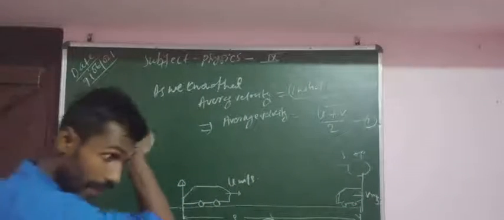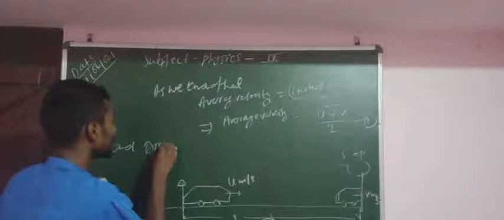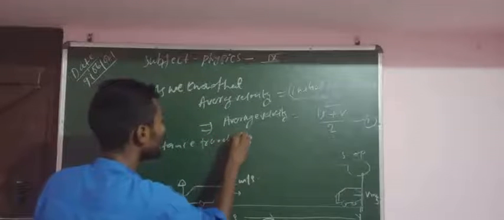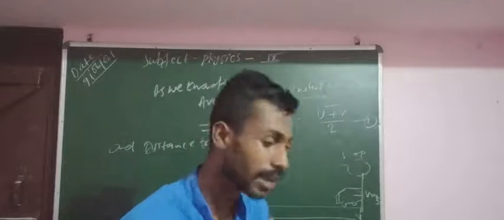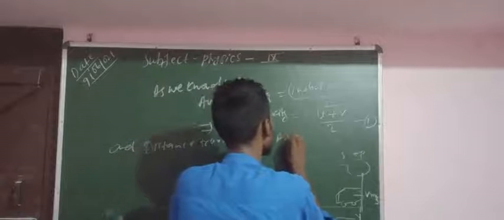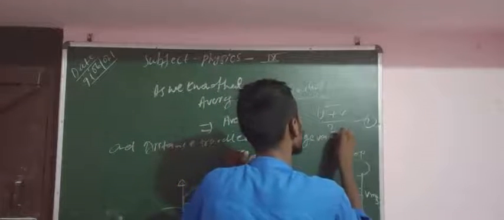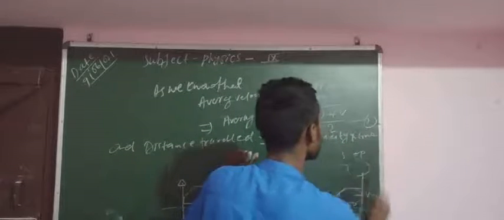Another formula is: distance traveled will be equal to average velocity into time.